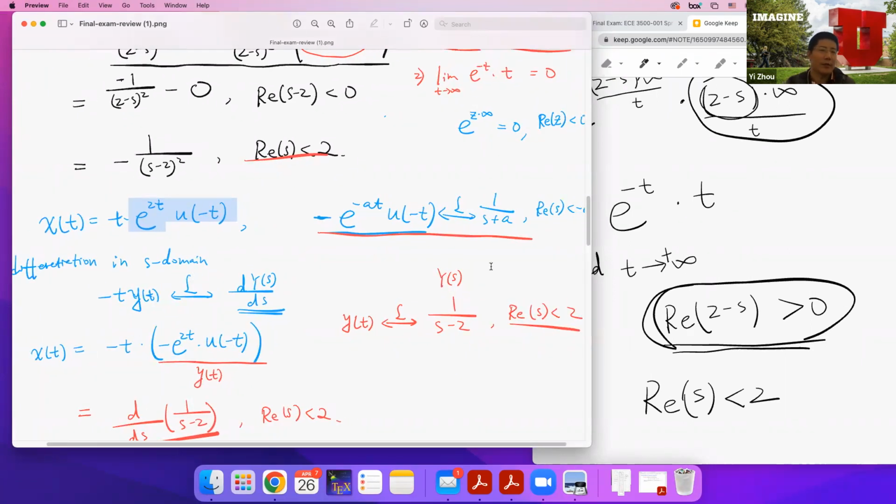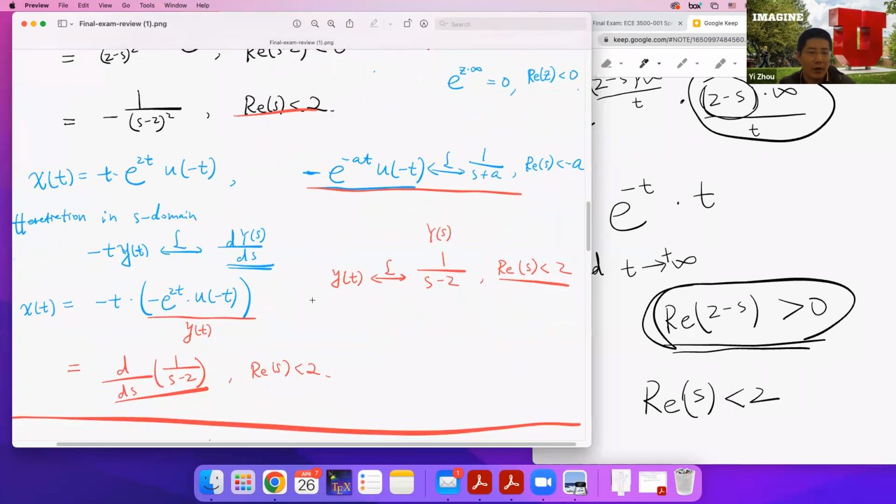It says that if y(t) has a Laplace transform Y(s), then -t y(t) has a Laplace transform dY(s)/ds. So it's the derivative in the S domain. By leveraging this property, we can introduce this t factor, or this negative t factor, in the signal domain. So that's how we get this coefficient.